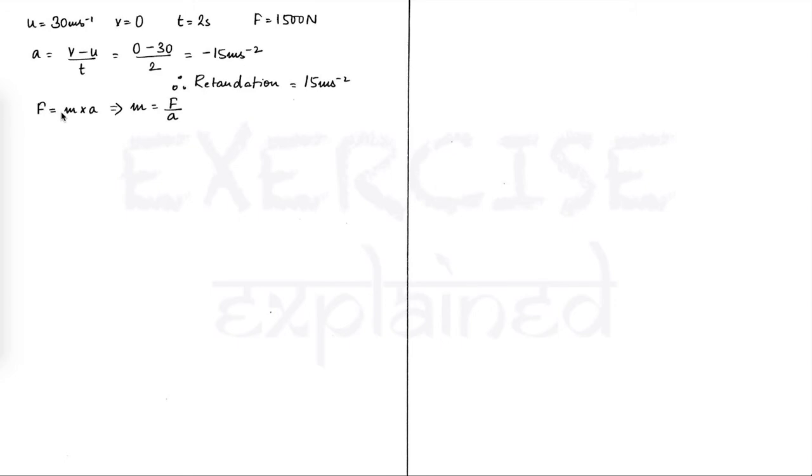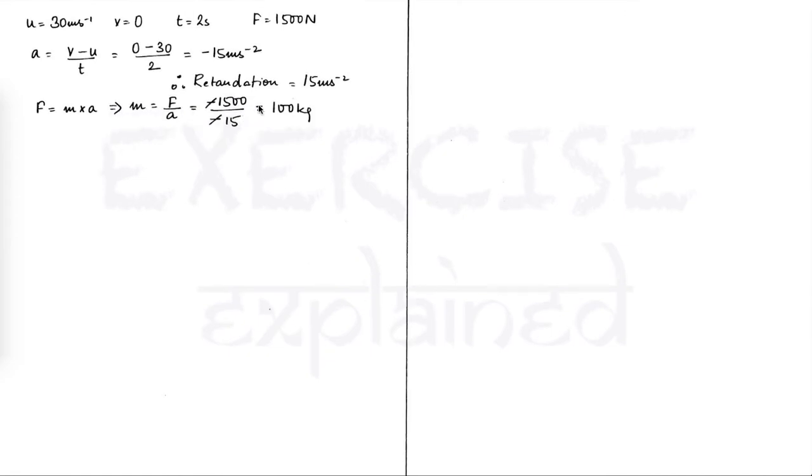Now I do F is equal to m into a, or m is equal to F by a. So what I do is I take the force as minus 1500. Now why did I take minus? Here it is written as plus. So the reason I took minus 1500 is, since it is slowing down, the force will be negative because it is in opposite direction.